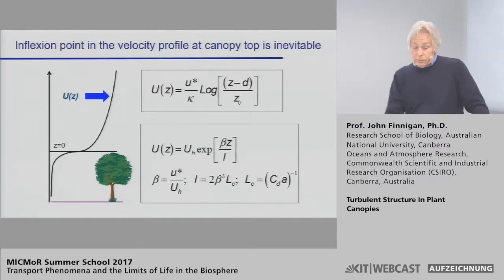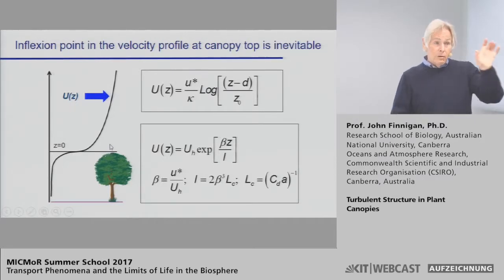And through fairly simple scaling arguments, in this area above the canopy, because there are no sources and sinks for horizontal momentum, and because we're assuming there are no accelerations in the flow, we only have a limited number of scales that things can depend upon.